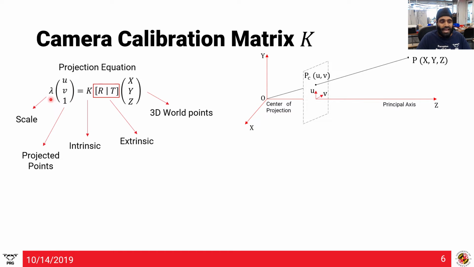And you see this lambda over here, this is a scaling factor. This is because this point P in space can be anywhere on this line, right? So I have no idea if my point is 1 meter high and 0.5 meter away, or 2 meter high and 1 meter away. My projection on the image plane at that point will be exactly the same.